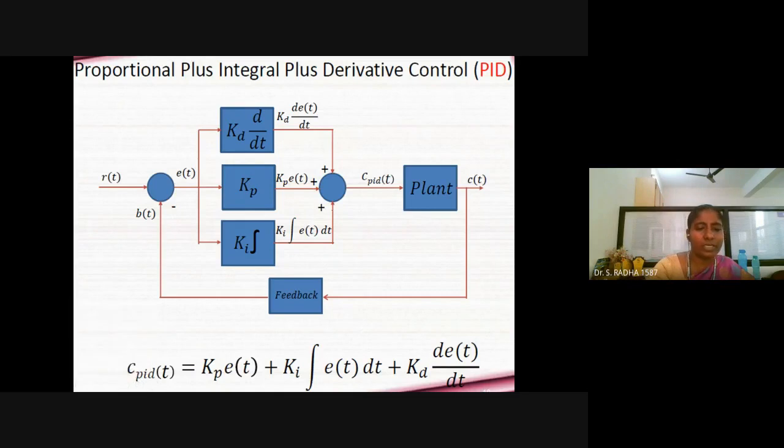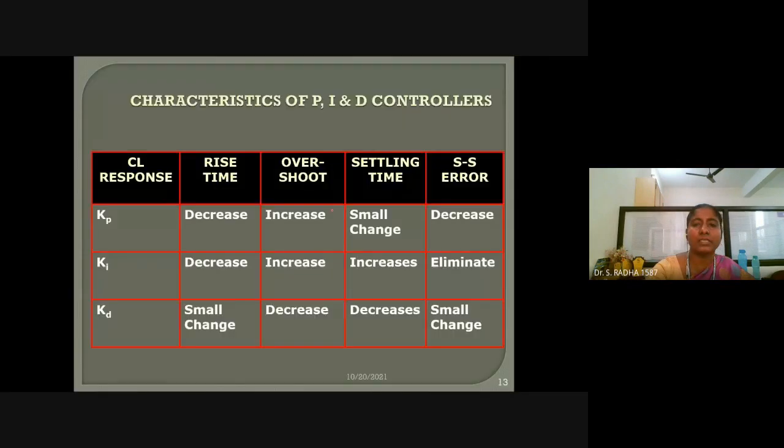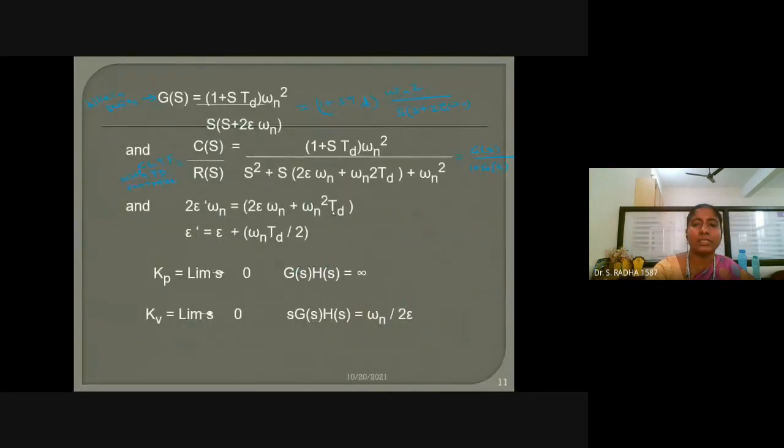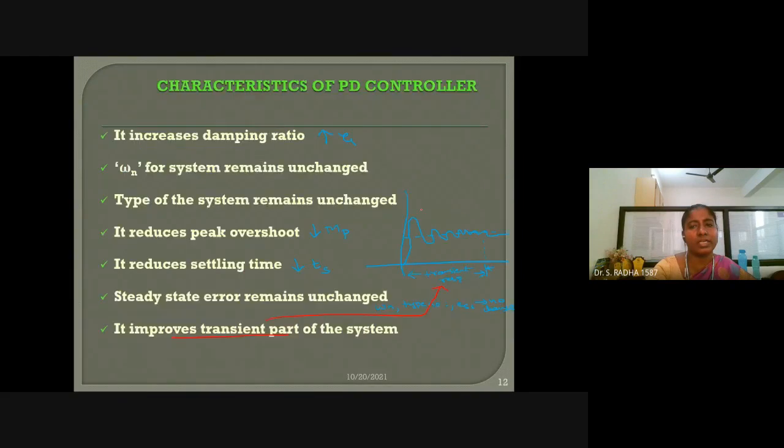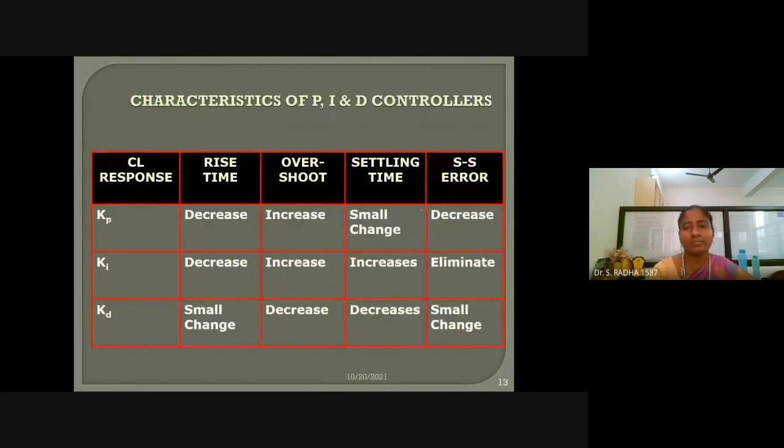We have seen that in the previous diagrams. This is the open loop transfer function, second order, omega n square by S into S plus 2 eta omega n. So plant means the same block.